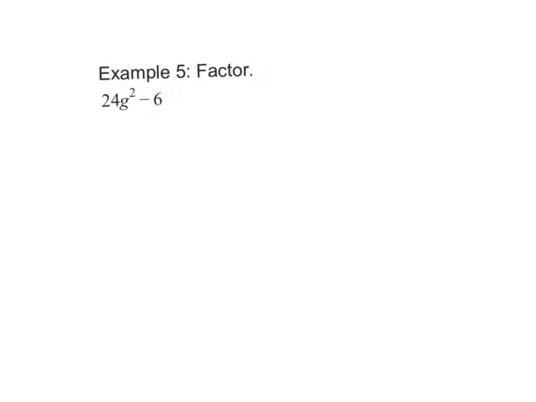All right. So I see some of you already typing in your calculator the square root of 24. That's not a perfect square, is it? So what I'm going to do, look. Do 24 and 6 have any common factors? 6, right? 6 goes into both. So let's factor out 6 first. 6 times what is 24? 4. So 4g squared minus 6 times what is 6? 1.